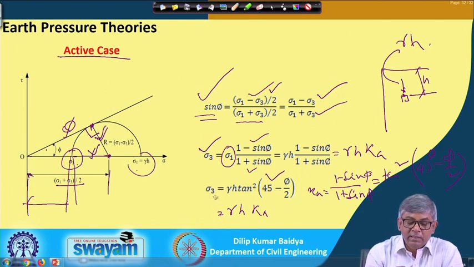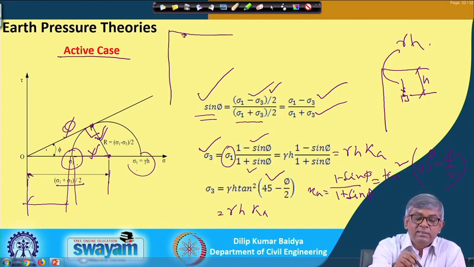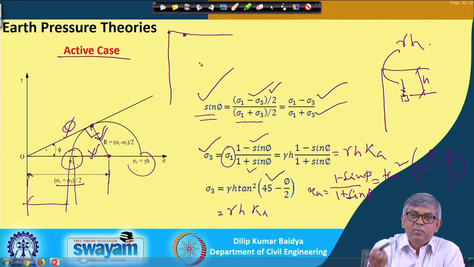So, I can find out at any place, suppose this is the wall, the vertical stress at the top is 0, so the lateral stress is 0 multiplied by K, which is 0.